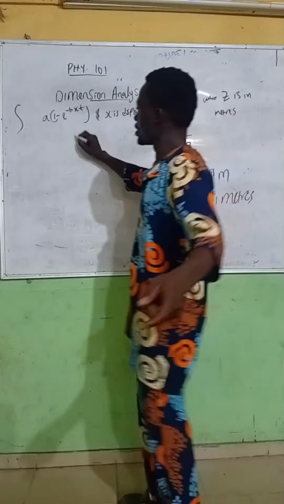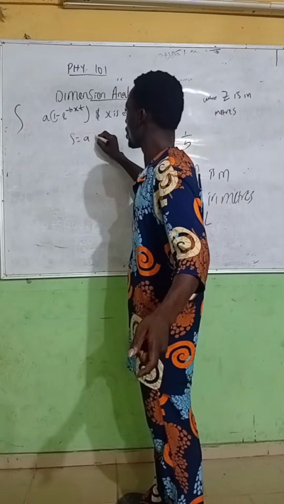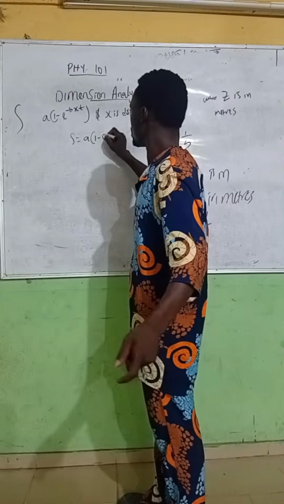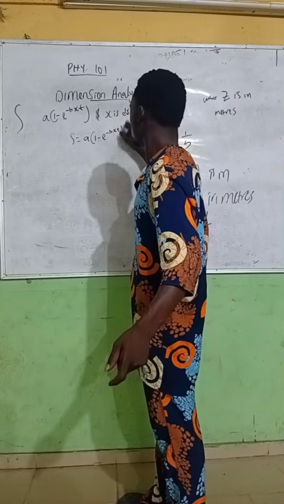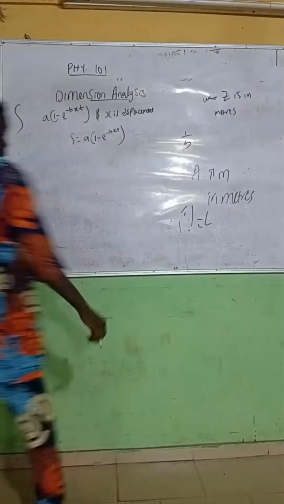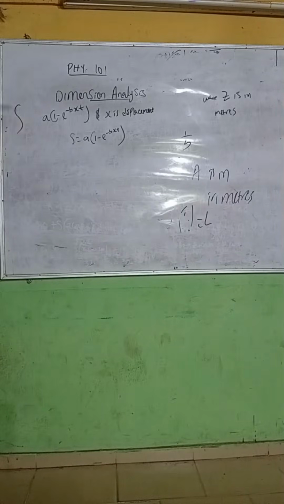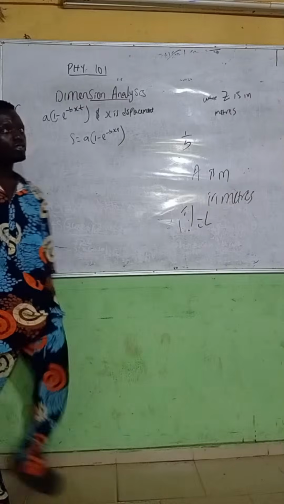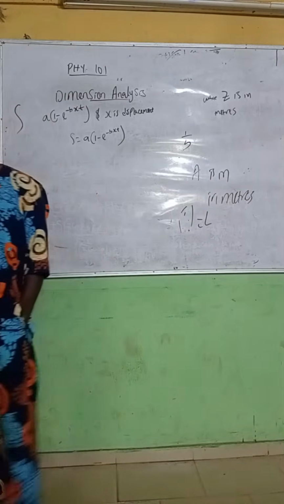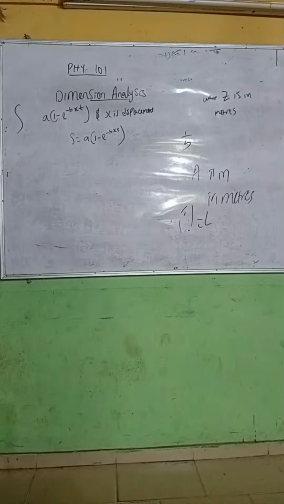Read the question again. Speed equals A into 1 minus e raised to minus bxt, and x is displacement. It's not even hard. Now, for dimension, you cannot have a quantity raised to the power of a quantity. The power must have a dimension of 1.